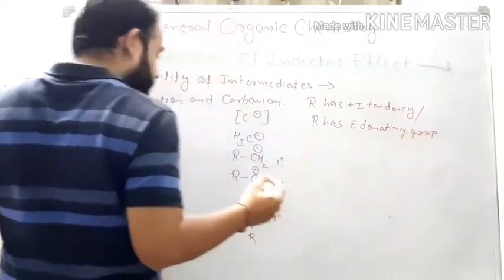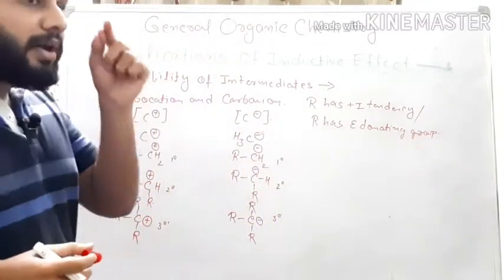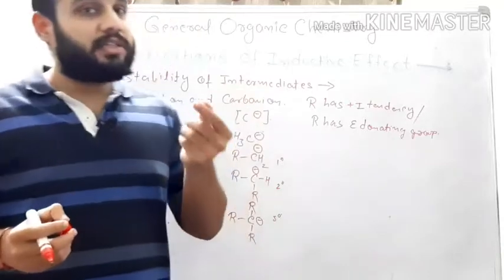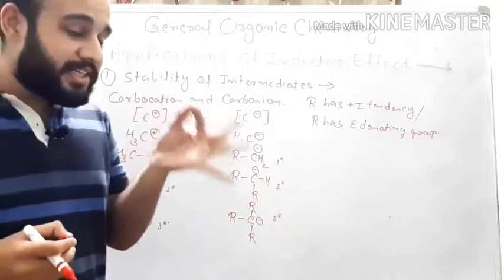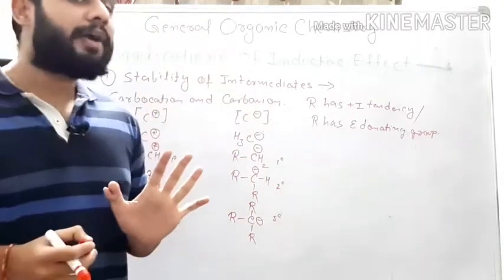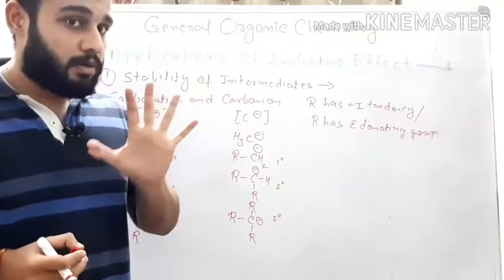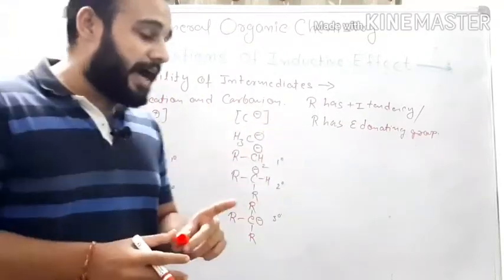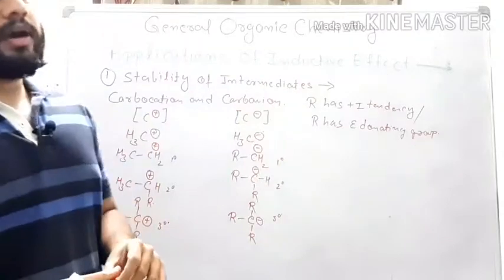So it means when the R group binds with a carbon atom, it increases the electron density on the carbon atom. Okay, so it means the R group increases the electron density on the carbon atom.